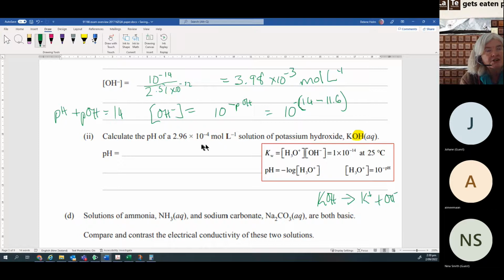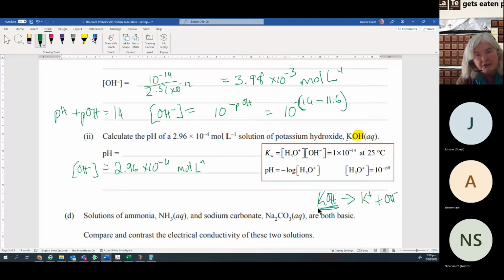So to get started, I don't like it when they say pH is equal to, because it sort of limits the way I want to think. So you could say that the OH minus concentration is going to be 2.96 times 10 to the minus 4 moles per liter. And I know that because we are told this is the concentration of KOH.